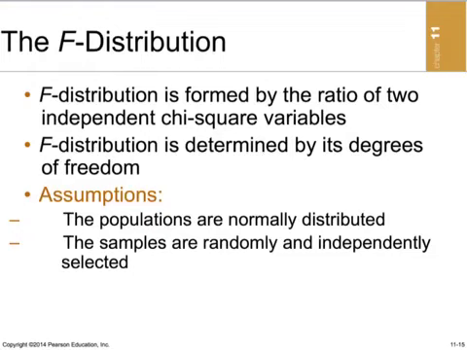The samples are randomly and independently chosen. We're not going to assume that the variances are equal, because it's basically just made from a ratio of two sample variances. However, we use that distribution to test whether or not population variances are equal or whether or not one is much larger than the other.